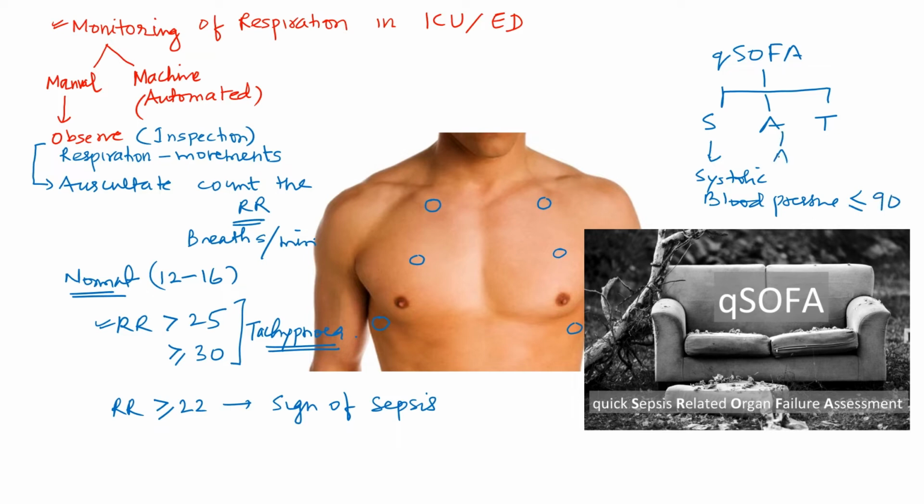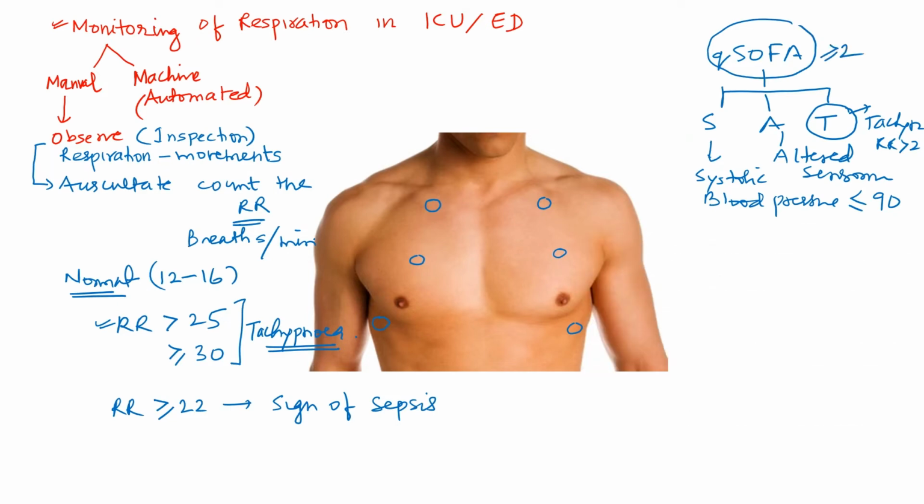A means altered sensorium, and T is very important, that is related to respiratory rate, tachypnea, that is RR more than 22. So that is your QSOFA. If QSOFA is 2 or more, then there is a high possibility that patient may have sepsis. Though nowadays QSOFA is not much used to detect sepsis according to the 2021 guideline.